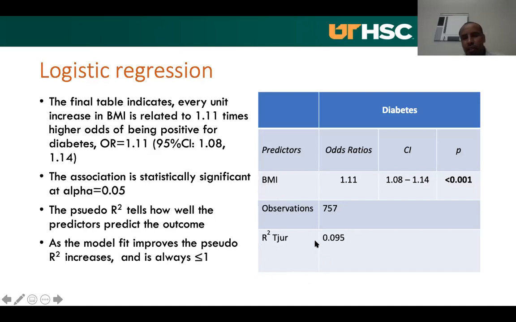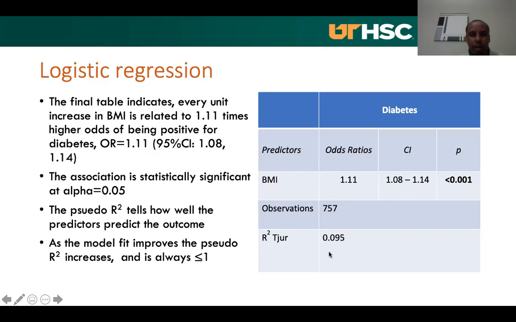In logistic regression, the R-square tells us the classifying ability or discriminatory ability of the model, or whether the model can classify a given observation into having diabetes or not, properly classify or not. So whenever the R-square is low, the model probably is poor.